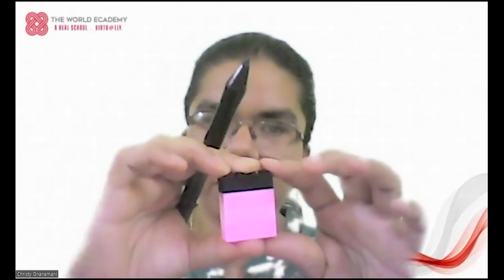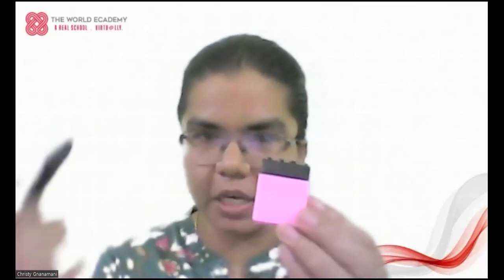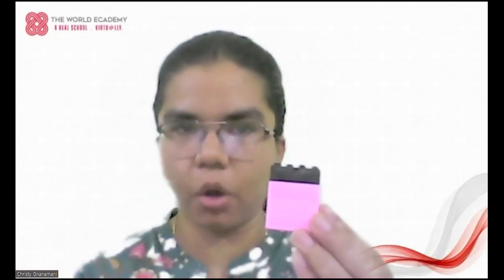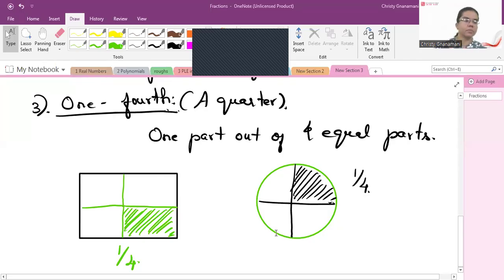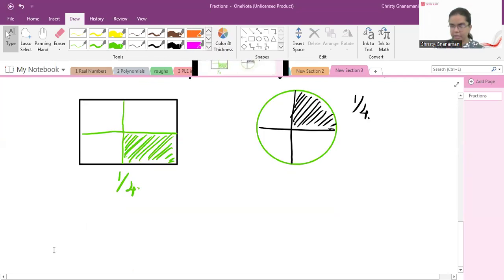So this black piece represents 1/4 of the given block. Similarly, there are many other fractions, so let's learn.